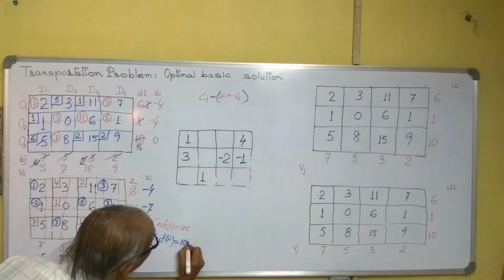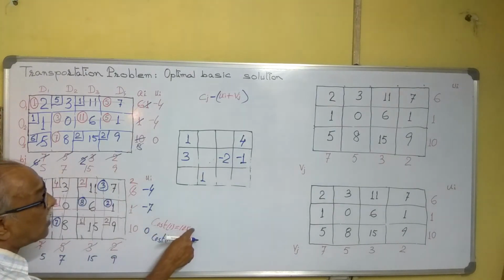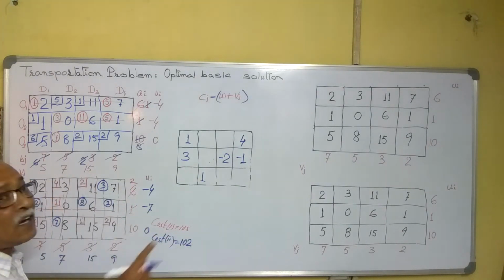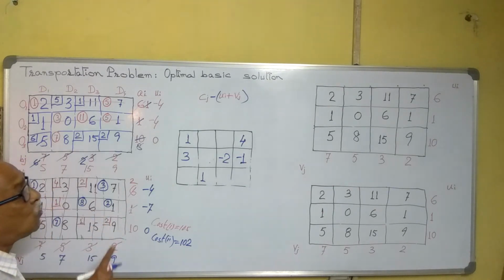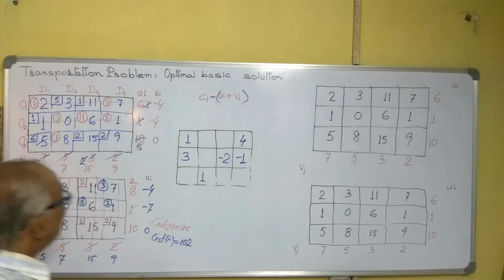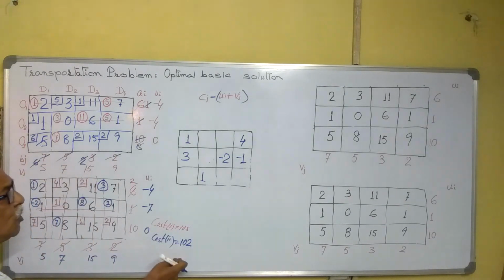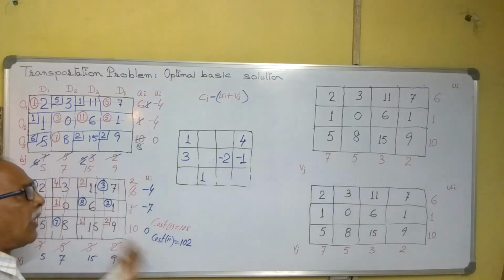Cost is 102. Always check it. Previously it was 105. It is 102. Cost is reduced. If it is not reducing, that means you are committing a mistake. So now, though cost is reduced, it is not the optimal solution, we have to do again.